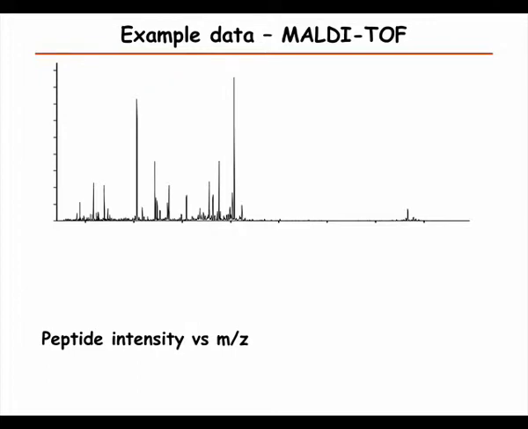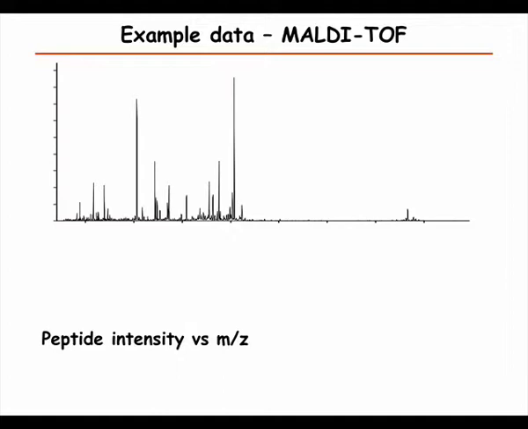So if we then have a look at a few example data. One ion source that you can use is that you embed your proteins and peptides in a matrix, and then you shine laser light on it and ionize the matrix and your peptides, and they go into the gas phase.